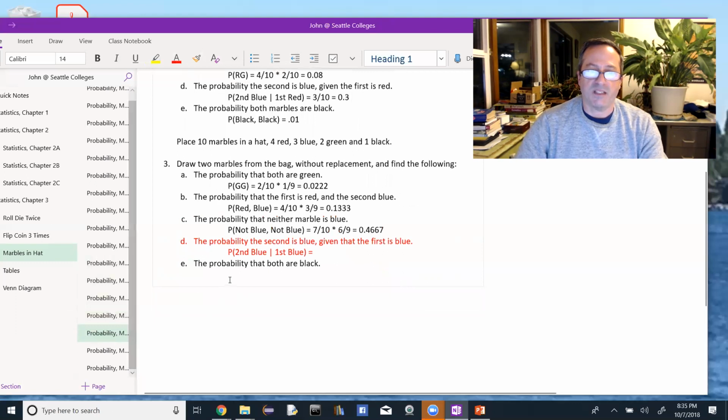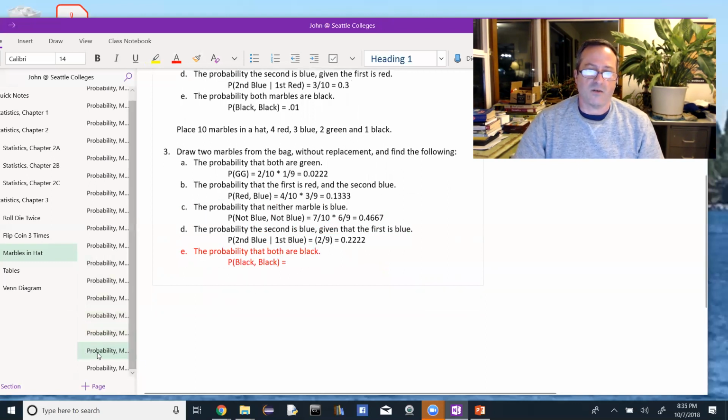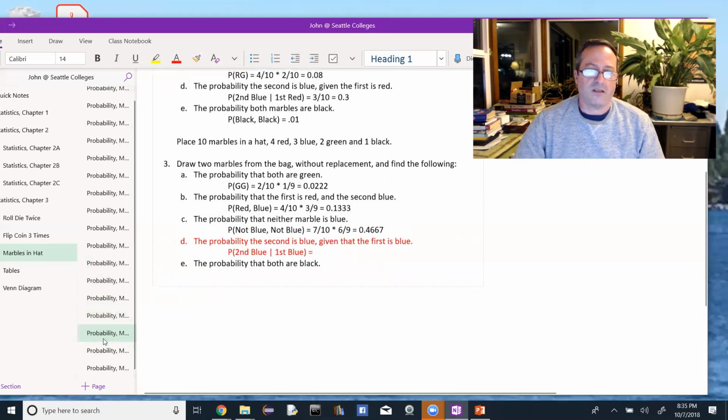The probability the second one is blue, given that the first one is blue. So this is a conditional probability, and again, this time they're not independent events. So if the first one is blue, we take that marble out. What's the probability that the second one is blue?